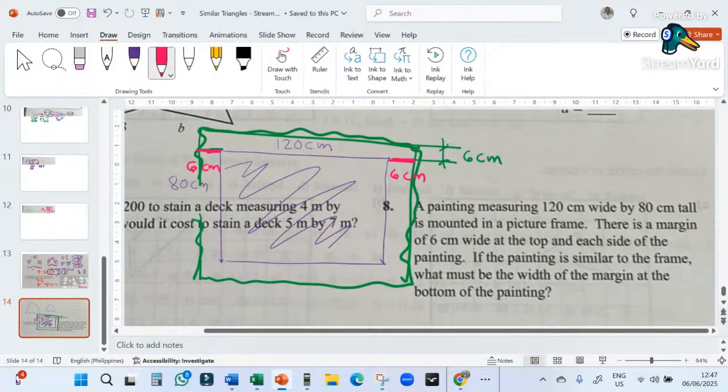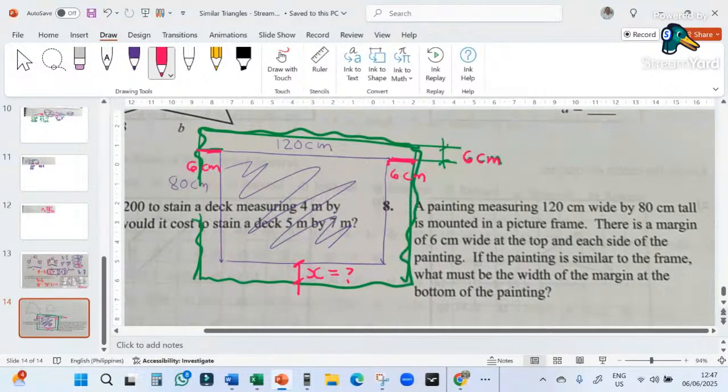Okay. So, this one here. X. We don't know that, but we know on top it's 6 centimeters. Okay? And from the frame, six on each side. All right.